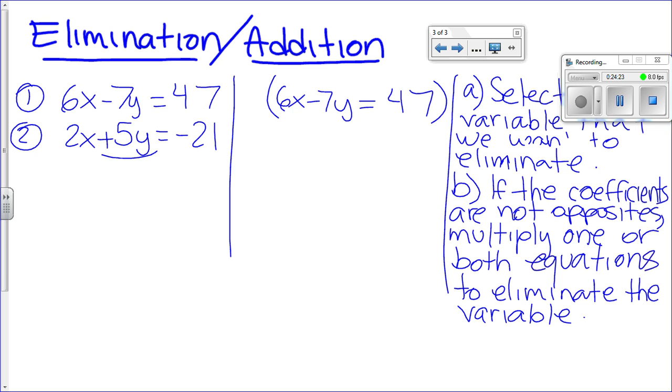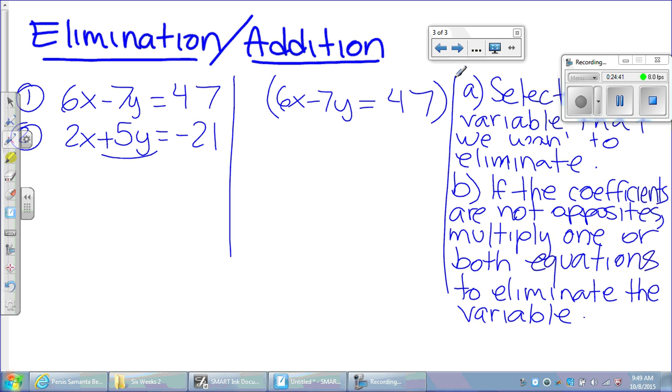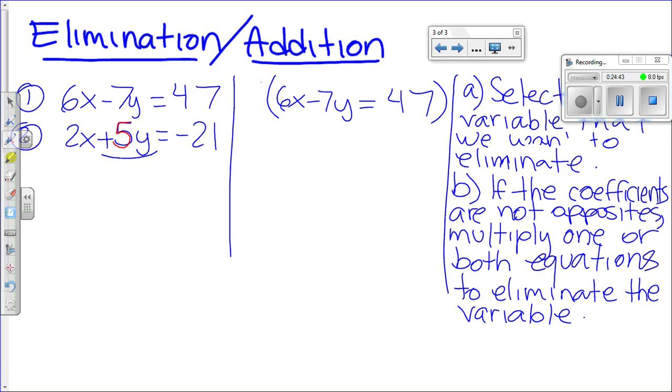Now, you can see that 5 and 7 are not divisible by each other, right? And they don't have a common factor. But they do have opposite signs. So what I'm going to do is multiply the first equation by 5.